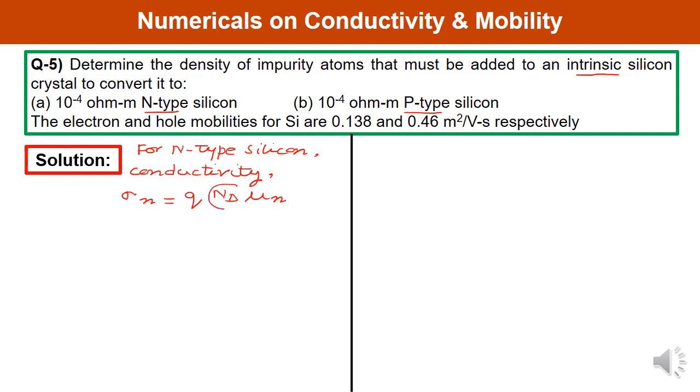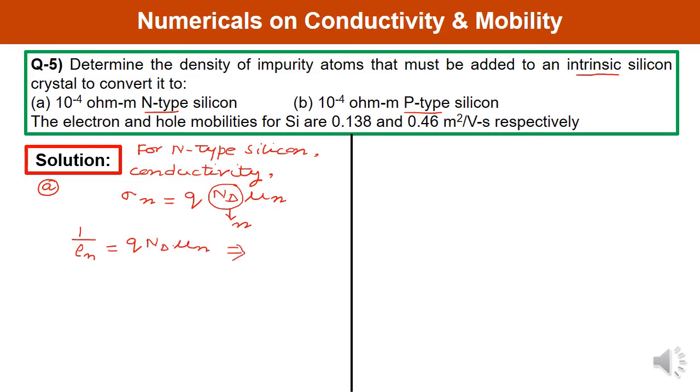This n of d is actually n, but here, because we are talking about a pure semiconductor needing to be converted into n-type silicon, which is the first part of the question, it means how to calculate the resistivity. Resistivity, you know, would be 1 upon rho n, which is Q n of d into mu n.